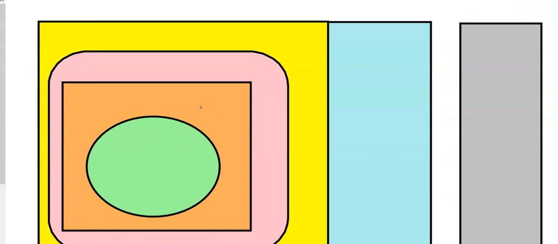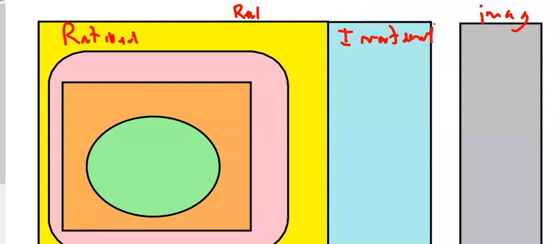If you look at this big picture, all these numbers in the box, in the rectangle on the left, are all real numbers. These are imaginary in this gray box. In the yellow, these would be called rational. And then the blue, this would be irrational. And a type of rational number would be an integer.